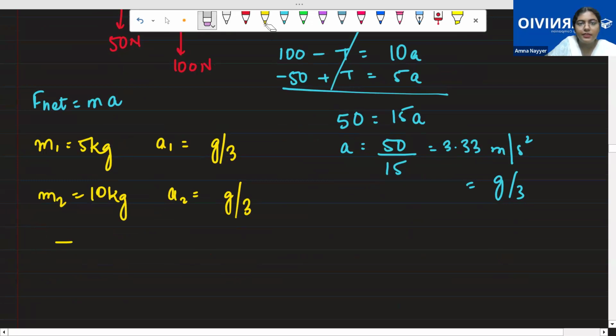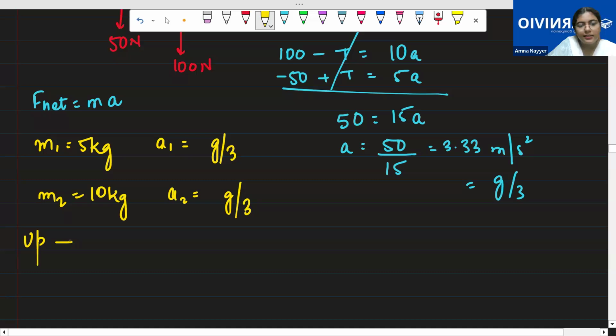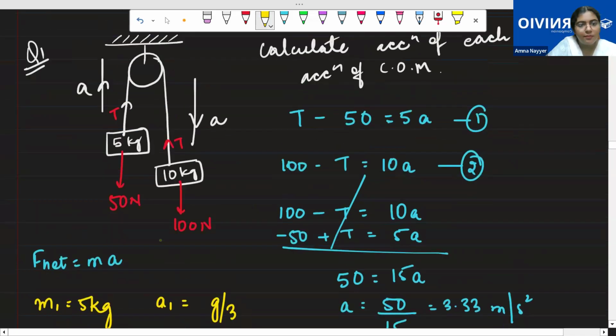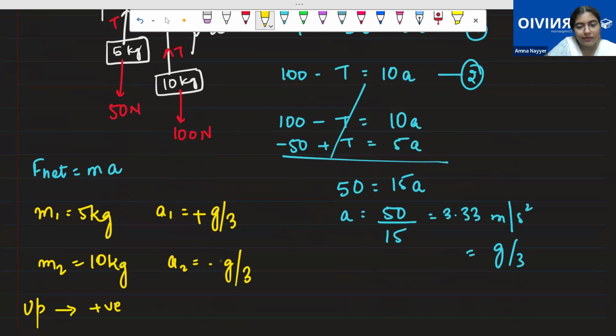If I say up is positive and down is negative, which one is up? The first one, m1. So this will be positive and this will be negative.